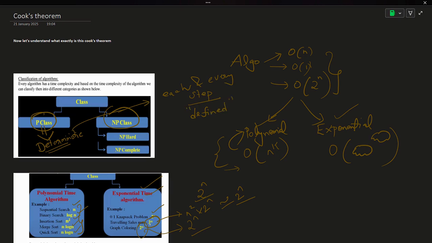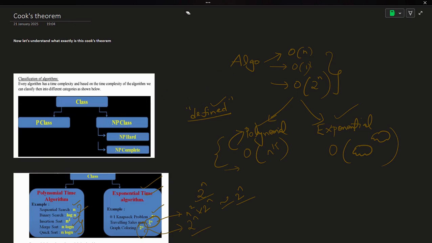This is very important. So if an algorithm has every step defined and understandable, then that is deterministic. And if it is running in polynomial time, then that particular algorithm falls under P class.